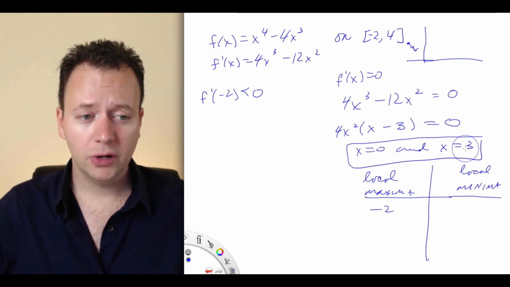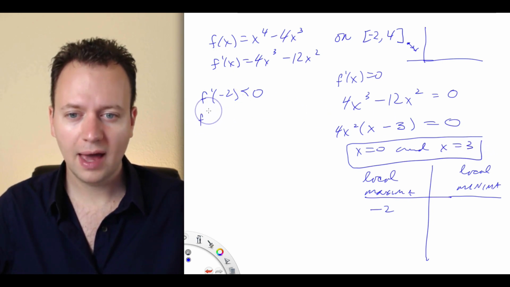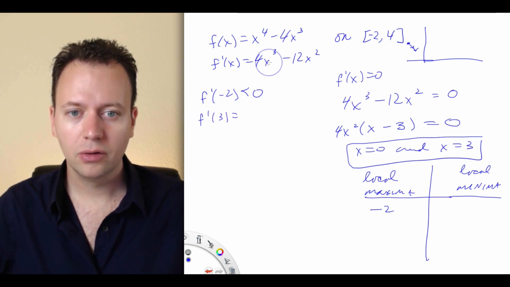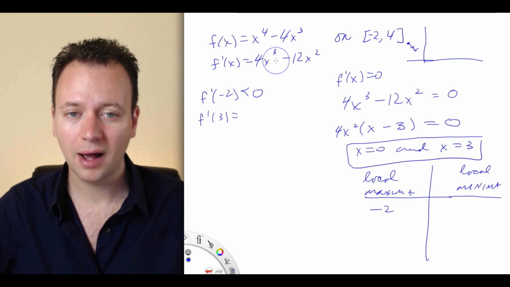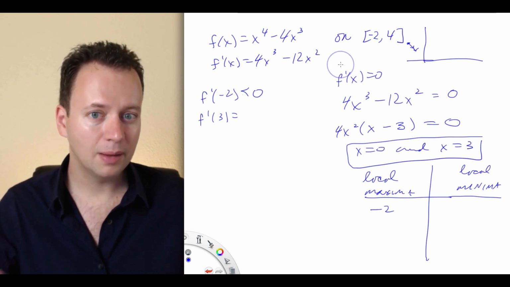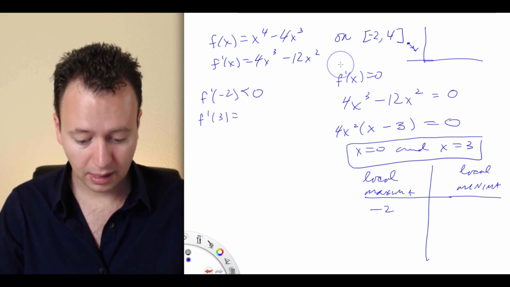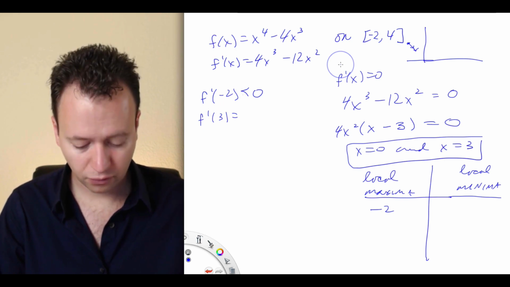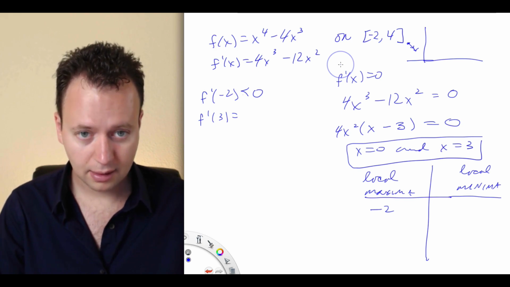And let's do the same trick at the point x is equal to 3. So at 3, we have f prime of 3. We get 3 cubed times 4 minus 12 times 3 squared. We can't do that trick because it's a positive minus a positive, so that might be positive or negative. So 3 cubed times 4, that's 27 times 4, minus 12 times 3 squared is 9.